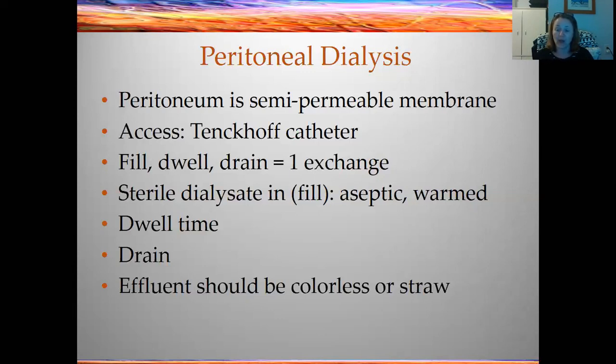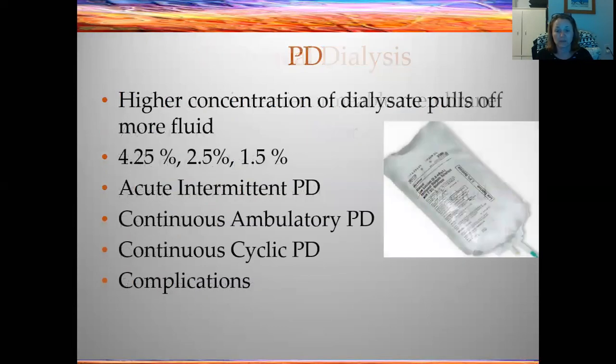So we use a higher glucose concentration in the dialysate bag. The higher the concentration, the more fluid it will pull along with it, because again, the fluid is going to go towards that higher concentration. So the higher the concentration, the more of the dialysate pulls off the fluid.